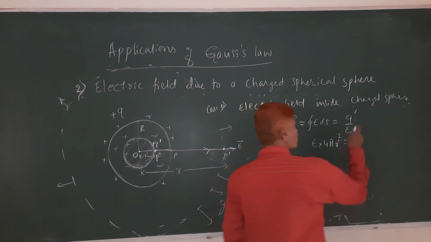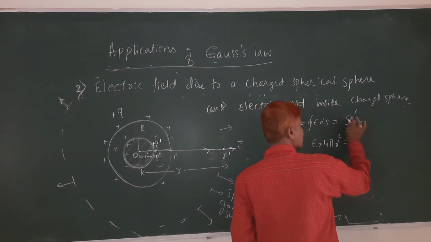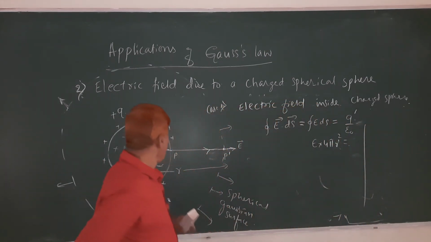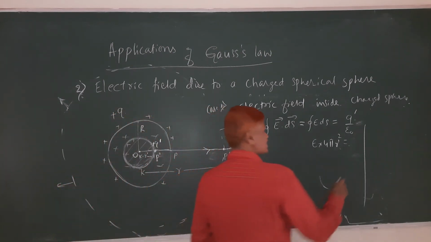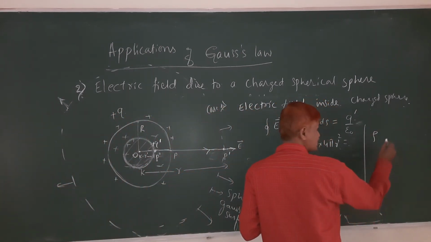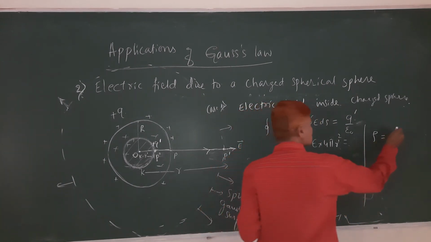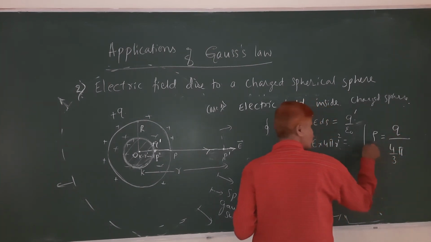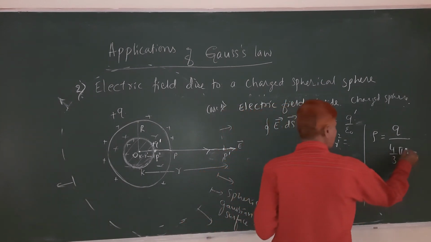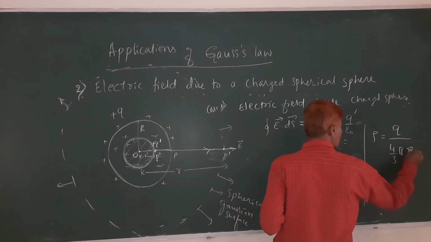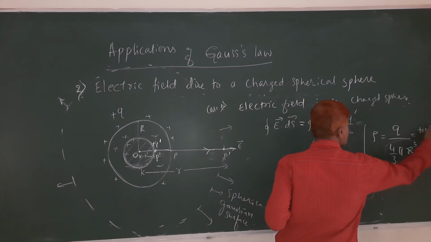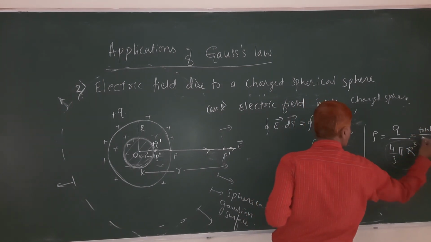For q dash, what I will calculate is this way. If rho is the charge density, charge density means total charge divided by total volume, charge per unit volume. 4 by 3 pi r cube is the total volume, so rho is total charge divided by total volume.